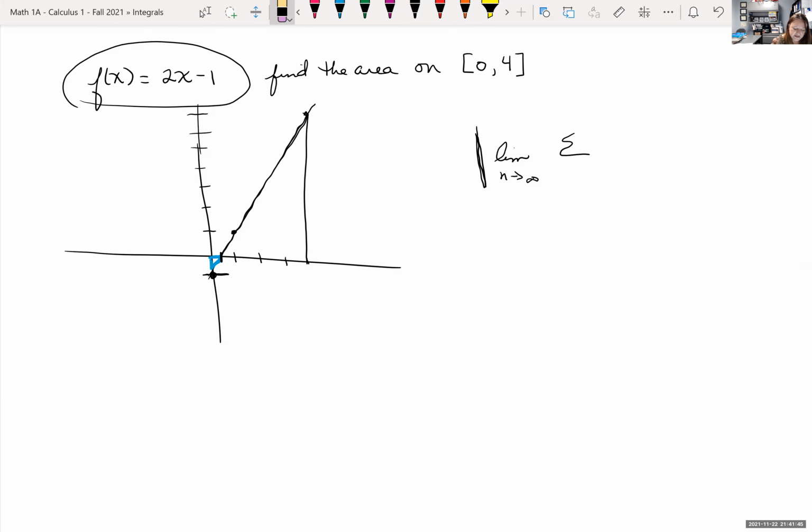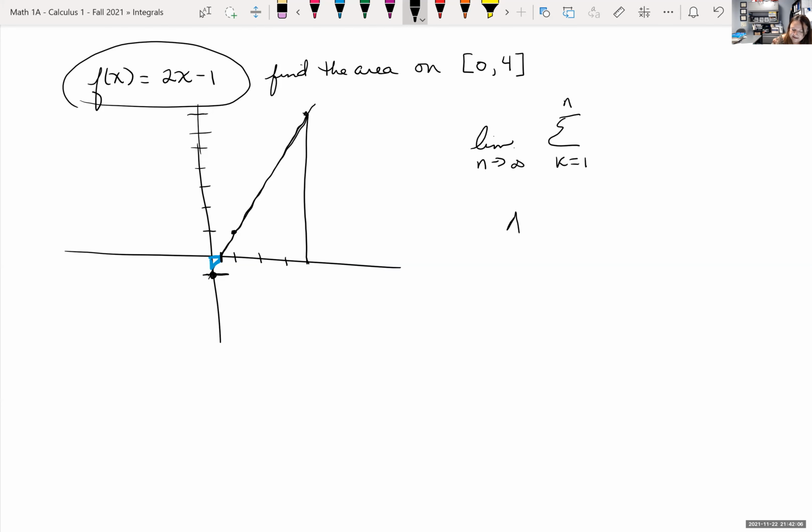Let me just do this differently. Let's say that we didn't know it was below the x-axis for a second. And let's just say that we went through and we were looking at this limit. So k equals 1 to n.